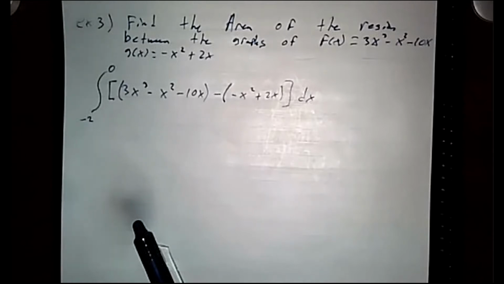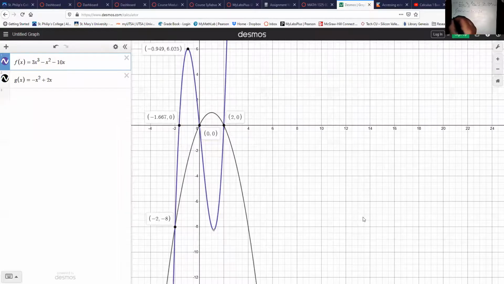Okay, so now plus, right? Technically, we're going to find two of them. 0 to 2. Top function is the parabola in this region.